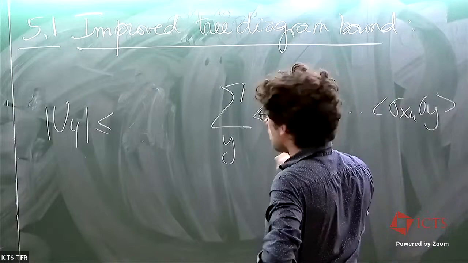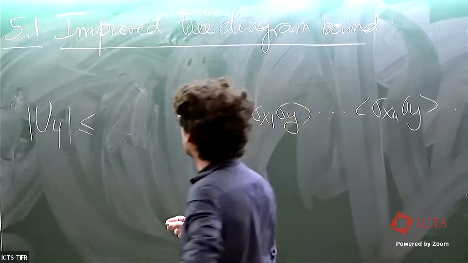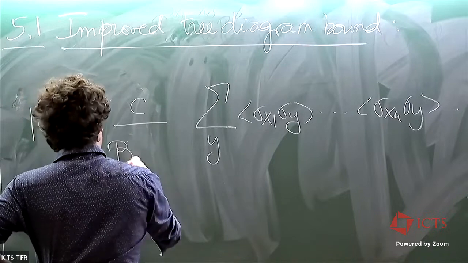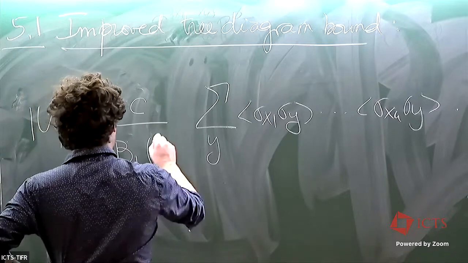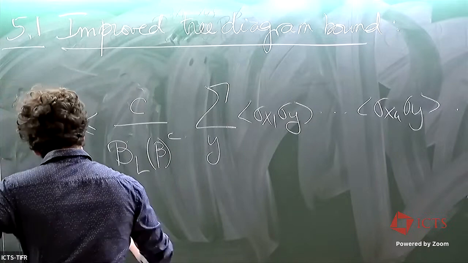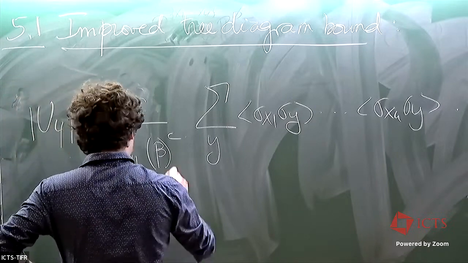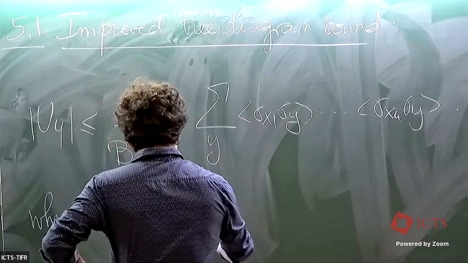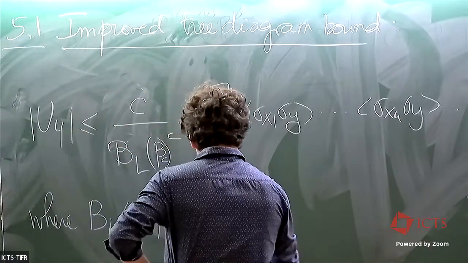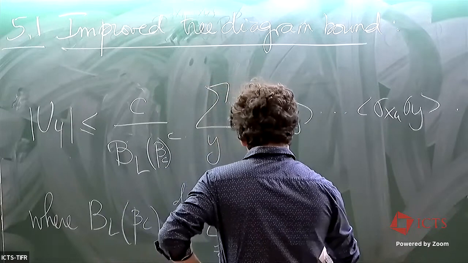But I want to improve on that. And I'm going to get a bound where I get a new quantity, B_L of beta to a power C, where B_L of beta is called the bubble diagram. It's a sum over every z of sigma 0, sigma z squared.